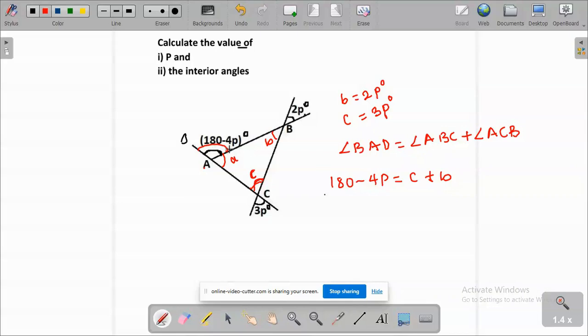So this angle here is exterior, meaning outside, and is the sum of this plus this angle here C. Since we already know that angle C is 3p and the angle B is 2p. So now let's move on and see how this can be resolved.